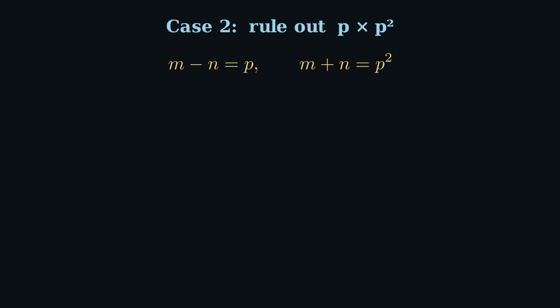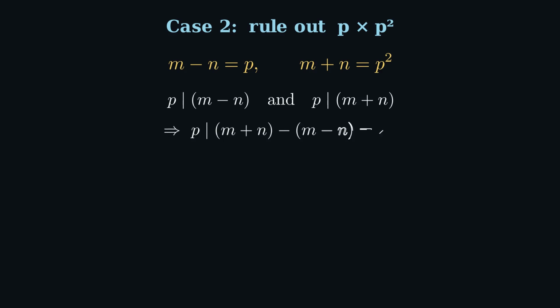That means if p divides m minus n and p divides m plus n, then we could take this one minus this one, then p divides 2n. So then that means that either p equals 2 or p divides n.